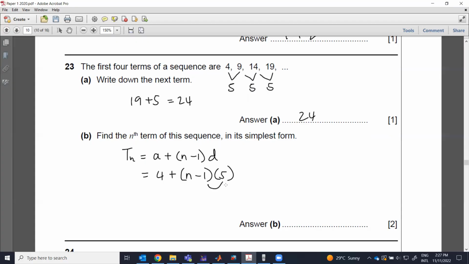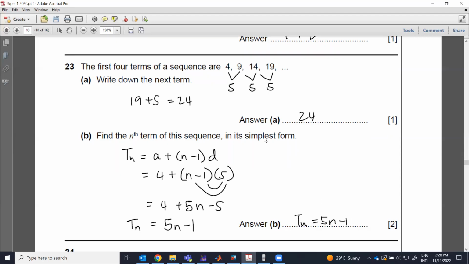Then we multiply these brackets out. So we have 4 plus 5 times n, and then 5 times minus 1 is minus 5. And in its simplest form, the formula for the nth term, Tn, is 5n minus 1.